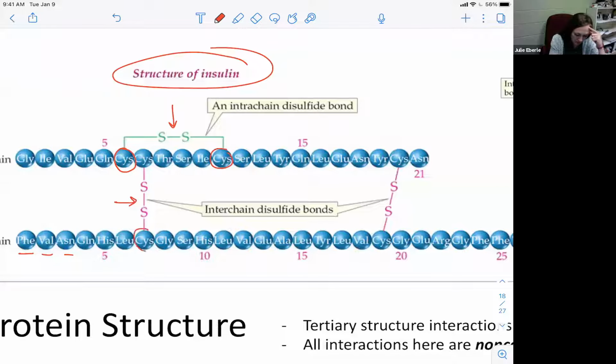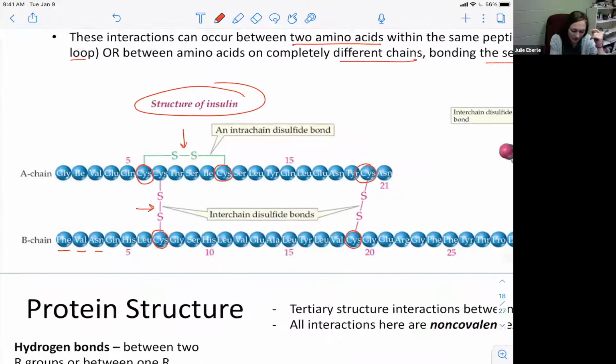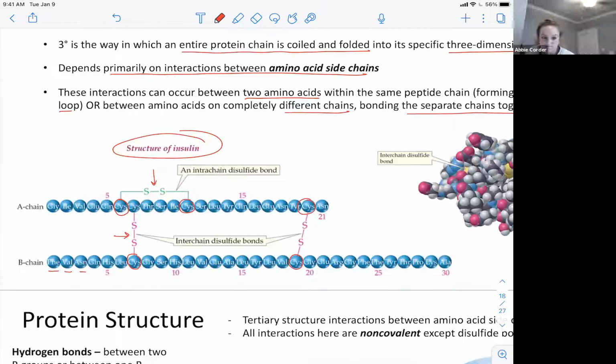They must be really important because these are the only amino acids involved in these intra-chain disulfide bonds, or interchain. CYS, CYS. You look up at that chart that we looked at above, this is cysteine, okay?